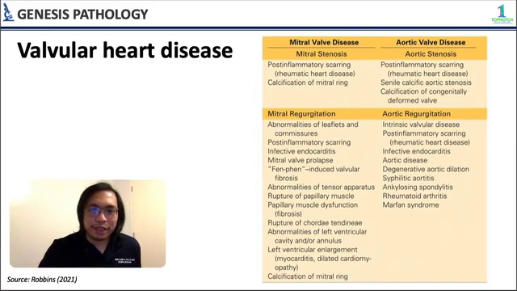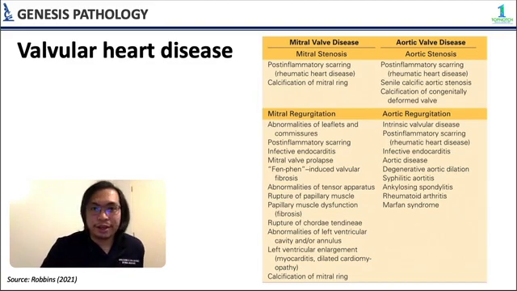Mitral regurgitation, madaming causes. Napag-usapan natin kanina yung papillary muscle rupture in myocardial infarction that can cause acute mitral regurgitation. Okay? So again, post-inflammatory scarring, pwede din. Pwede din from RHD, mitral valve prolapse can cause mitral regurgitation if meron tayong further degeneration.